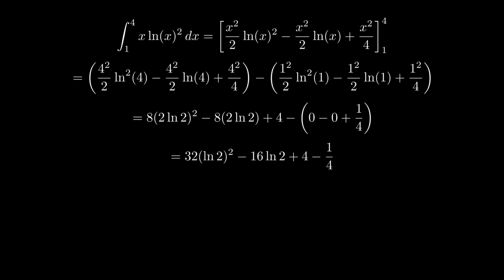You can see this 32 comes from squaring the 2 inside the bracket, which gives us 4, then times by the 8. And so our final answer ends up being 32 log squared 2 minus 16 log 2, and then plus 4 minus a quarter is ending up as 15 quarters. And that is the final answer.